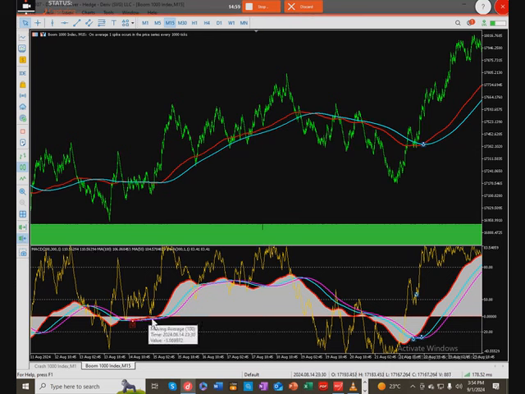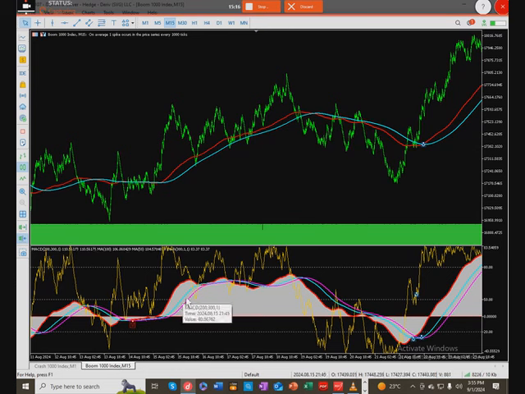That means when the breakout comes, it will go upwards, because the MACD signal is above those two moving averages.